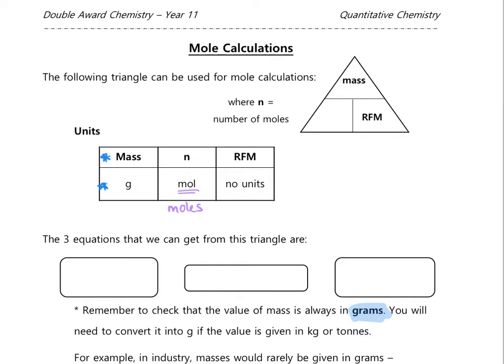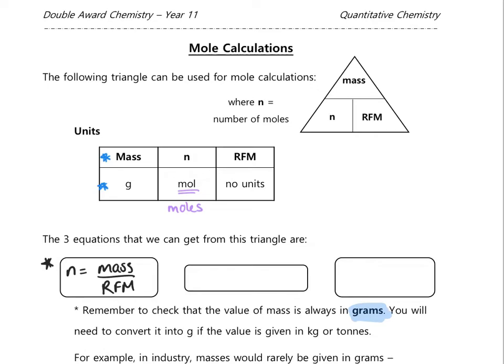Okay, so I've covered over that. What am I left with? I'm left with mass over RFM. So it's mass, and then there's a horizontal line, and over RFM. That means that N is equal to mass over RFM. So N is equal to mass over RFM. That's our first equation, and that will be a really important equation.